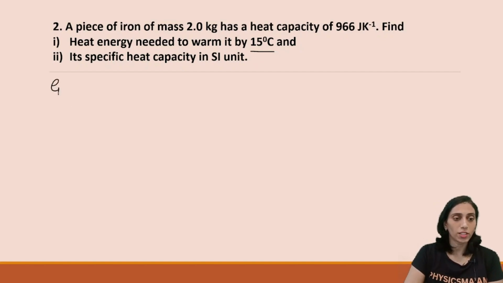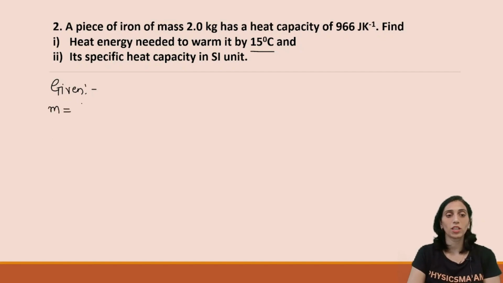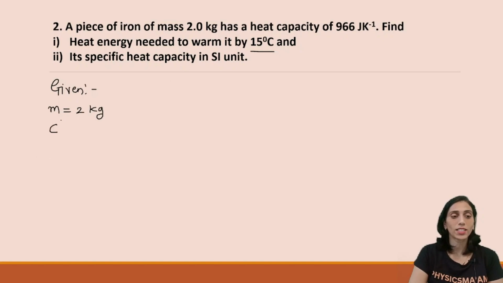So we start with the very first step of writing the given quantities, correct? Okay, so what is the mass of the object given as? 2 kilograms. Okay, good. Then heat capacity. Now we are talking about heat capacity. It is denoted as capital C dash, which is 966 joule per Kelvin.